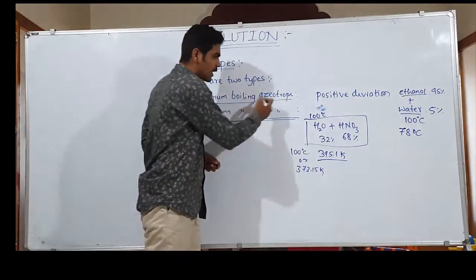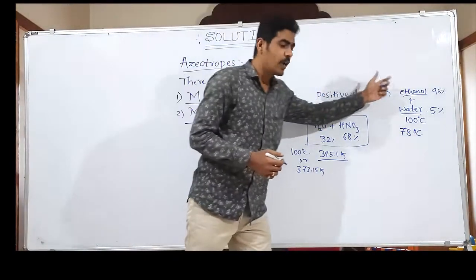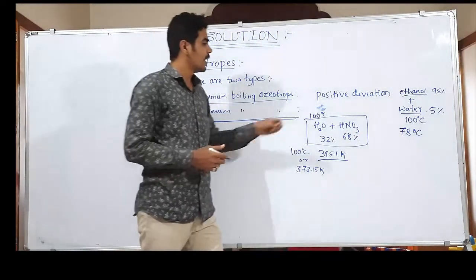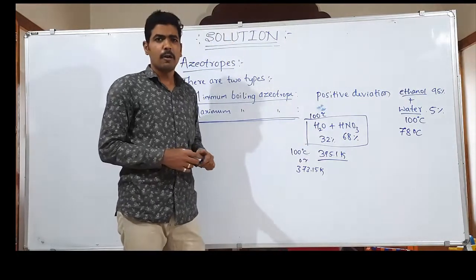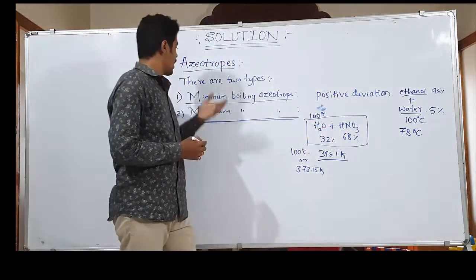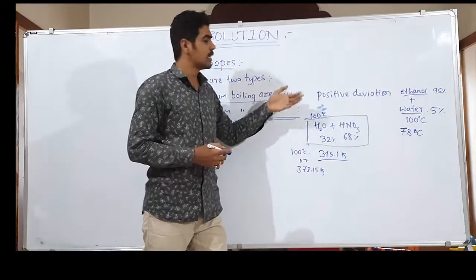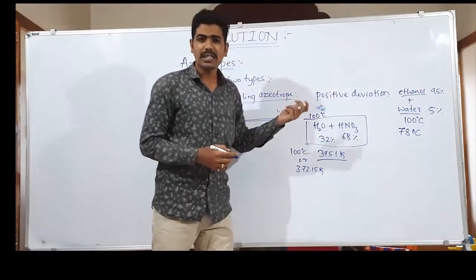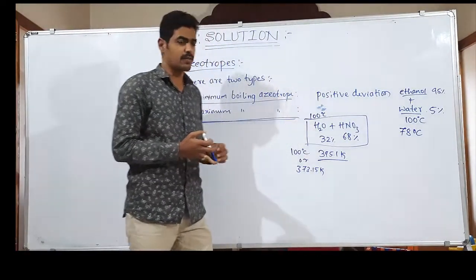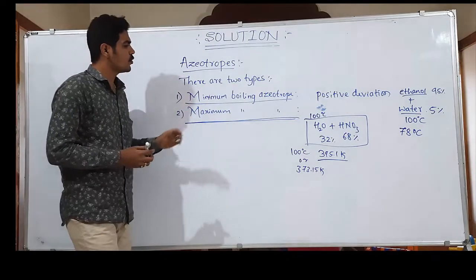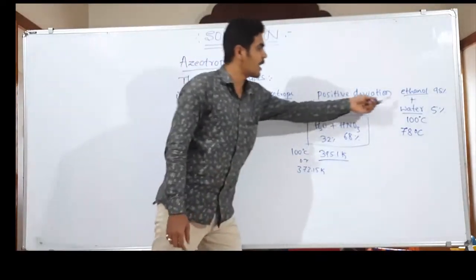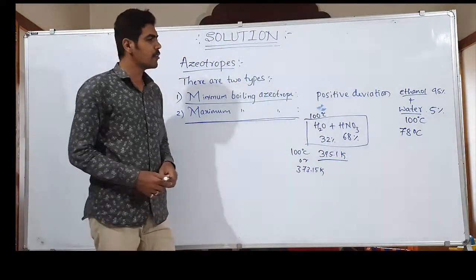In minimum boiling azeotropes, their boiling point decreases, and in maximum boiling azeotropes, their boiling point increases. Means in maximum boiling azeotropes the solution will boil at maximum temperature, and in minimum boiling azeotropes, the solution will boil at minimum temperature. So these are the two types of azeotropic mixtures and examples for those.